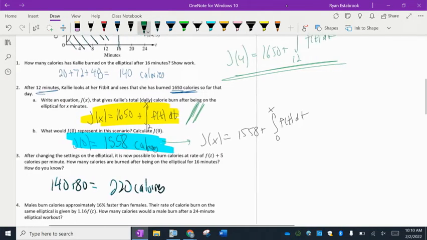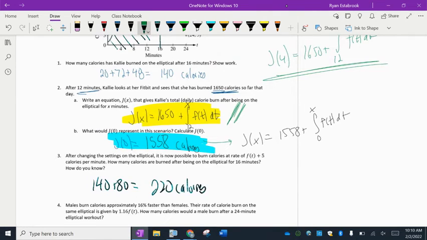The other way I could look at it, and I kind of did this with the 140, the integral of f of t plus 5 dt from 0 to 16 is the integral from 0 to 16 of f of t dt. That's the 140 we have right here. We already found that one. That was the area under the f of t curve from 0 to 16.